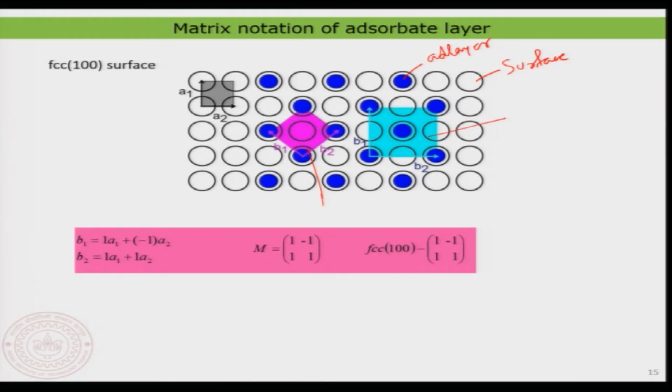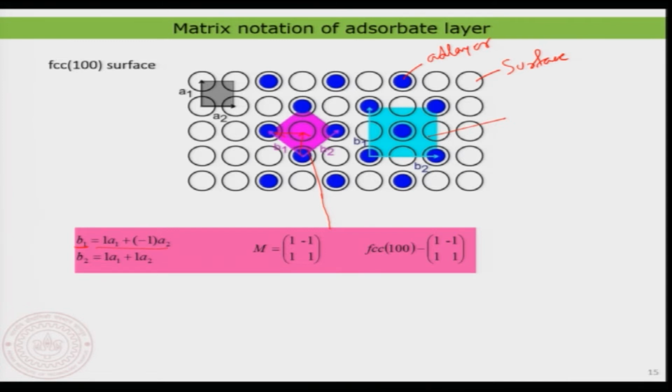Now, let us look at this. You can see here that B1 can be represented as 1 times A1 and minus 1 times A2. That means you move along A1 once and then you go in the negative direction along A2, then you would reach B1.